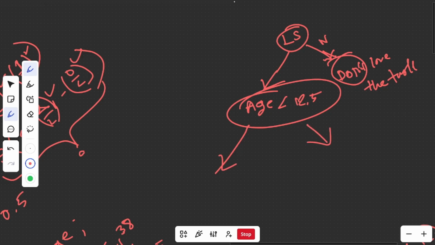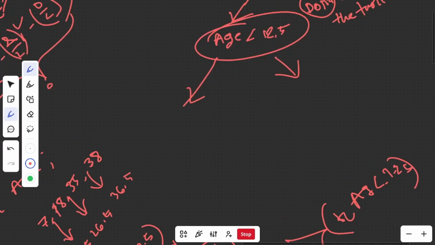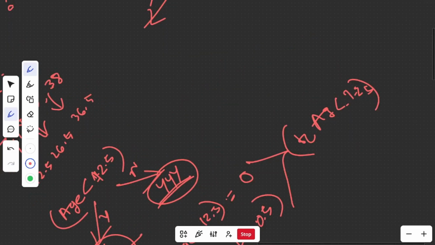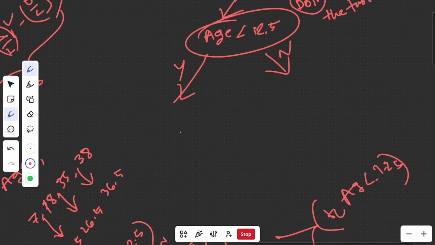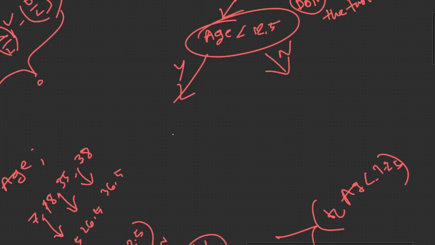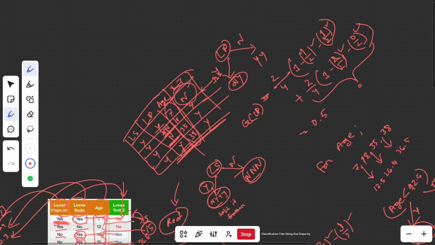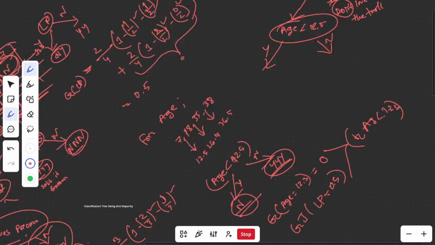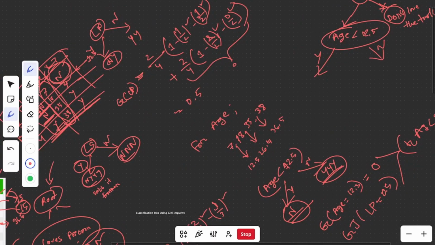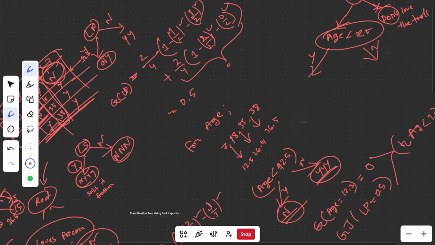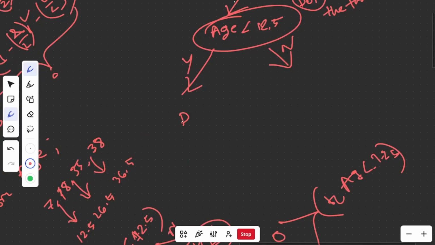Then its decision comes for yes and for no. For yes we found no. That means if age is less than 12.5, he doesn't love the troll.